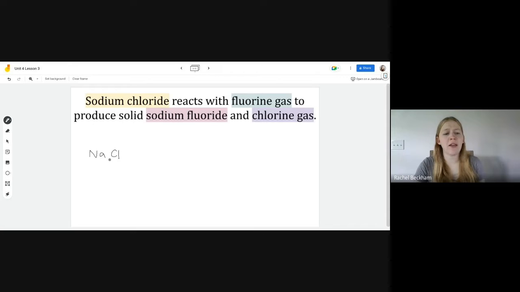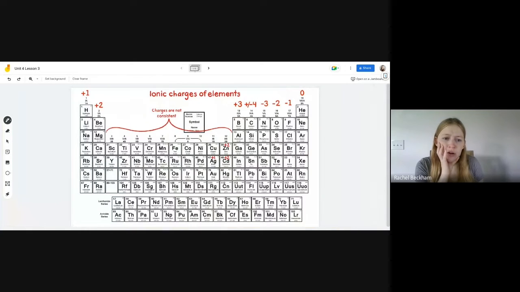And we need to figure out how many of each. Is it NaCl, or is it Na2Cl1 or NaCl3? How many of each do we need? Because this is an ionic compound, a metal and a nonmetal, we have to look up their charges. So going to this list here, sodium is right here, and it has a +1 charge.